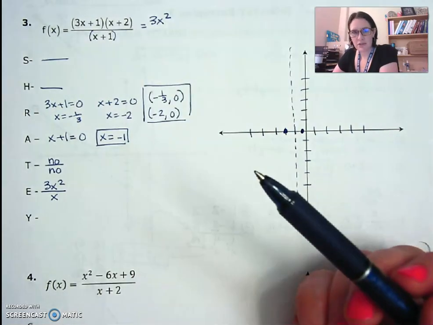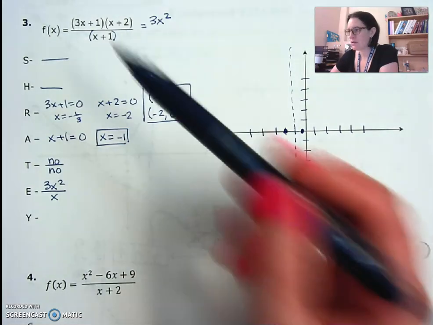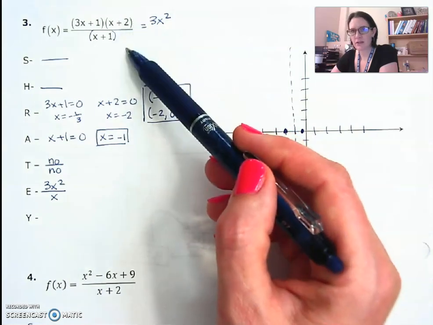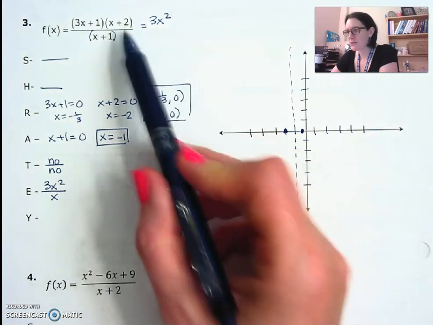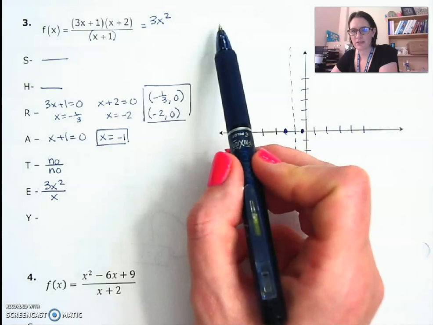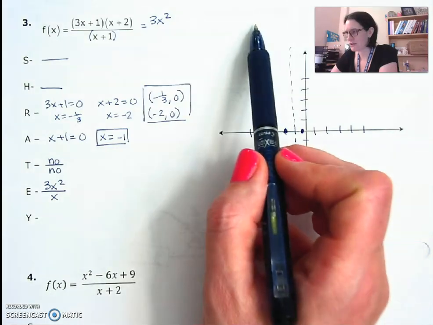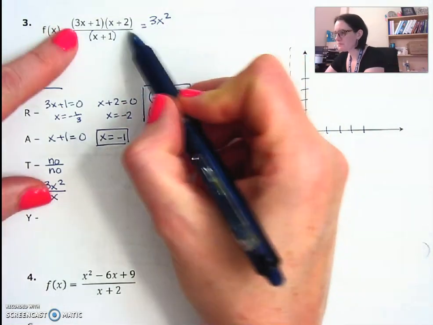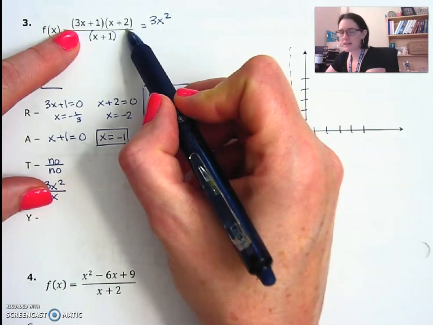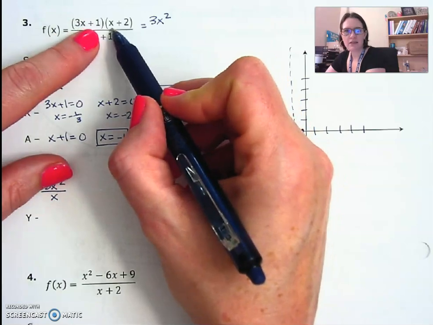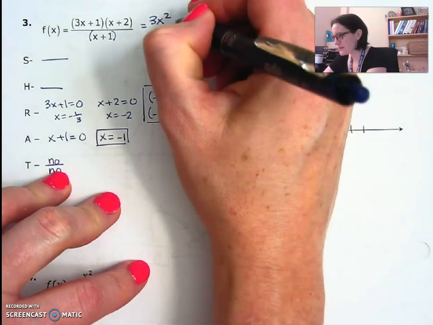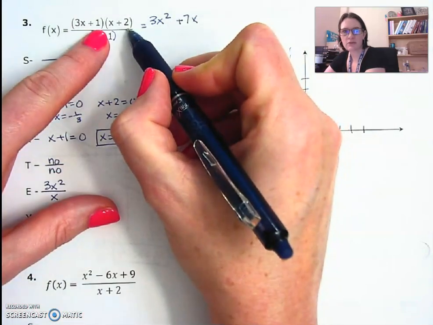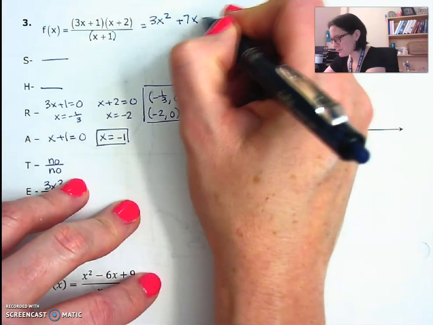Because oblique asymptotes require me to do the polynomial division of the numerator divided by the denominator, in these situations, I do need to continue the FOIL process and get the entire expression. So the first terms are 3x squared. Outside is 6x. Inside is 1x, so that is 7x. And then the last terms are 1 times 2, which is 2.